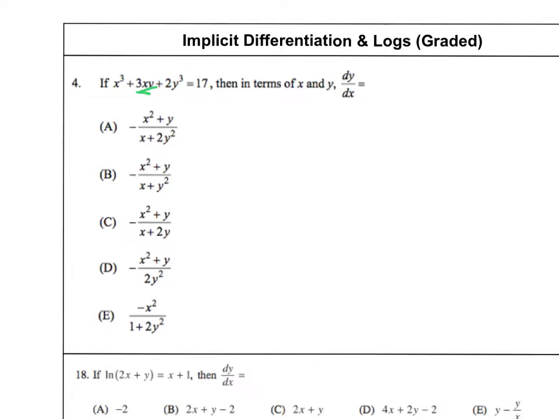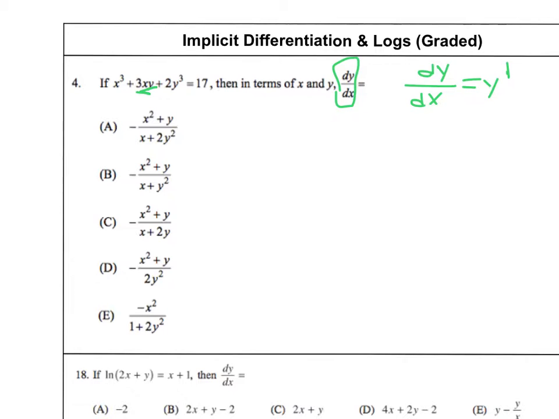And the second is that every time you take a derivative that involves a y, you need either a y prime or a dy dx. I'm going to use dy dx today just to throw some variety in there. It's more annoying to write, but it can help as far as understanding that that's what you're trying to get at the end. So we'll see how that goes.